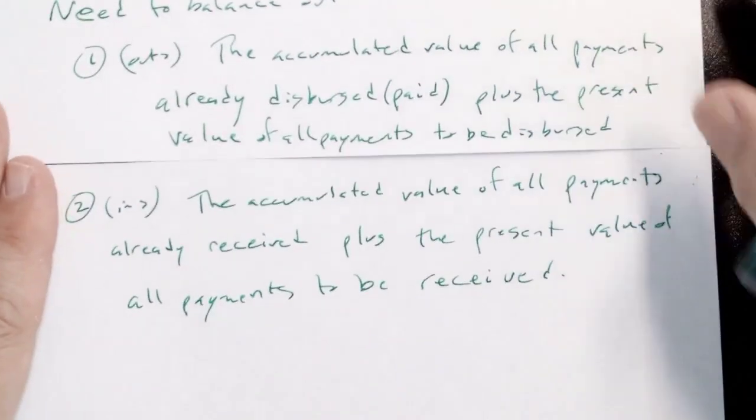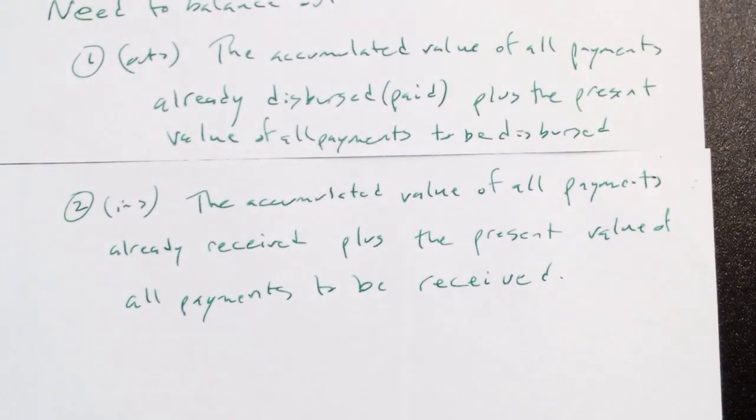Once I do this, I set the ins equal to the outs. I create what's called an equation of value.